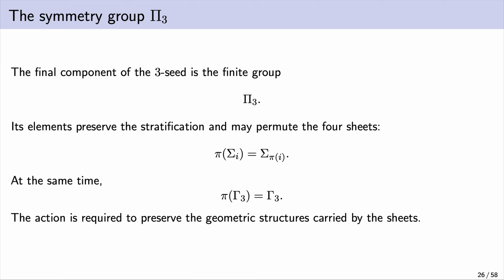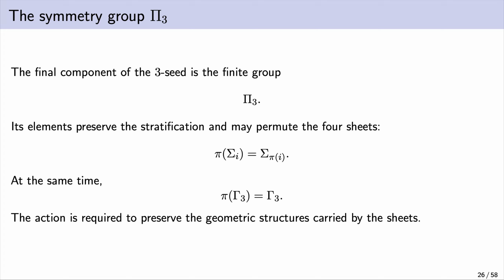Okay, so the symmetry group pi 3. The final component of the 3 seed is the finite group pi 3. We can allow it to be the global non-discontinuous group, so it maps the entire seed to itself, preserving strata. You can think of it like turning a block in 3 space.